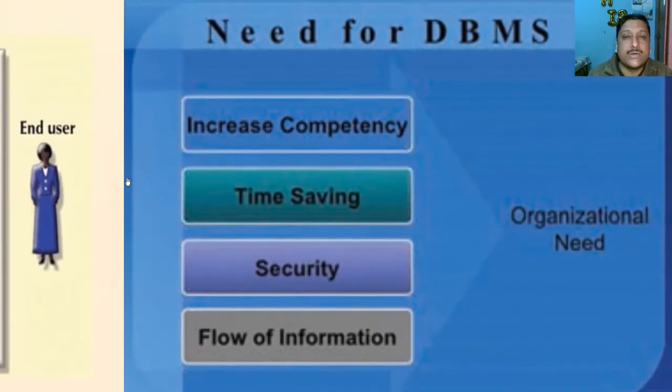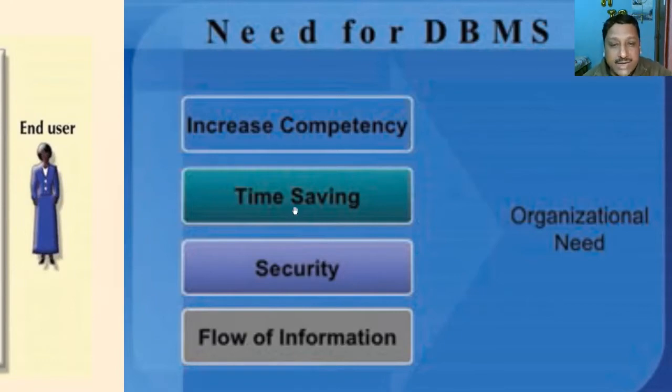And then what is the basic need of the database management system? Organizations need it because competition has increased between different organizations, different products, different types of work. So many competitions have increased, and this DBMS helps them keep up with other organizations in the competition.